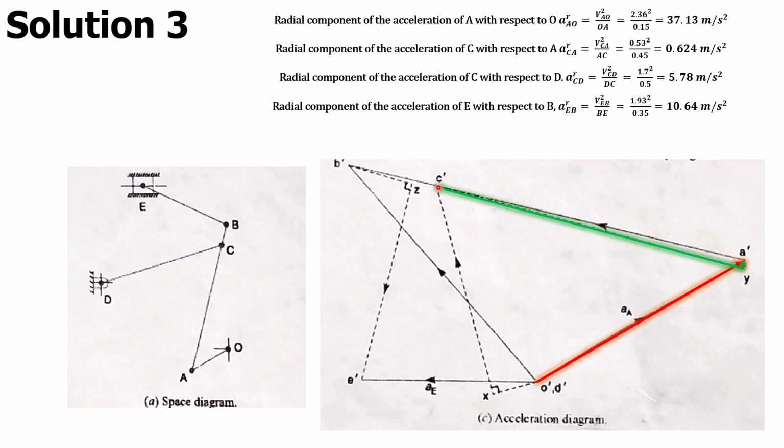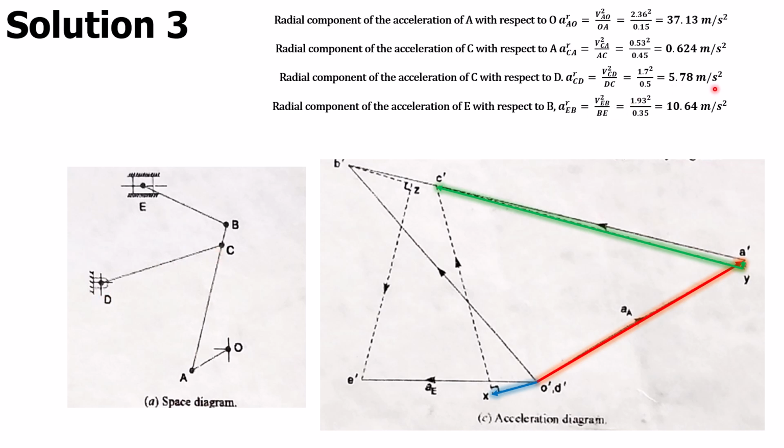So for us to get the point C prime, we go to the next link, which is our DC. So we're going to construct the radial component of acceleration of C with respect to D, whose magnitude is given as 5.78, and whose direction is along the link CD. So we do that as shown. So O prime X is parallel to CD.